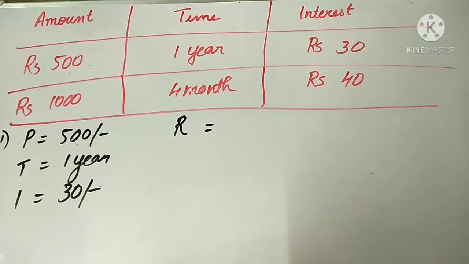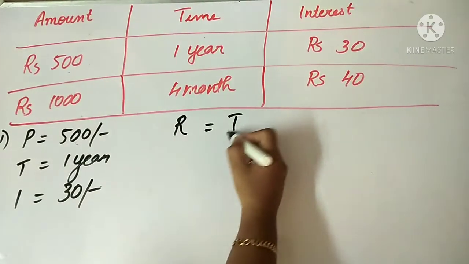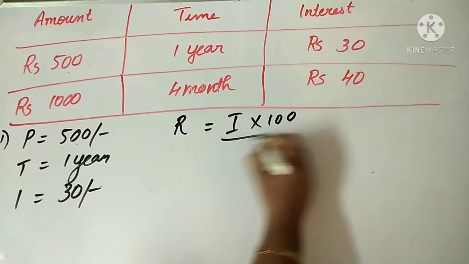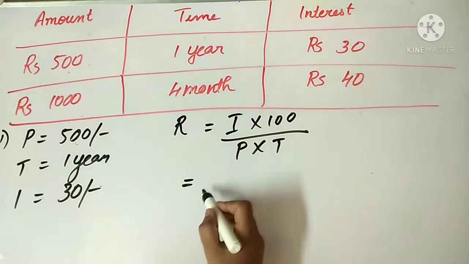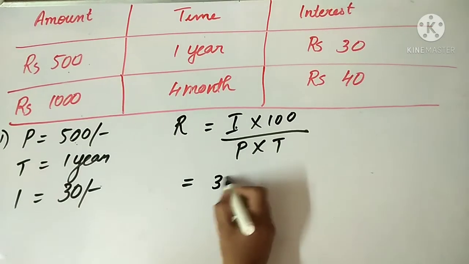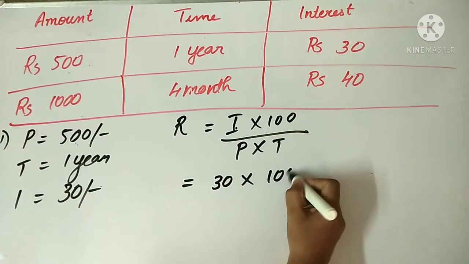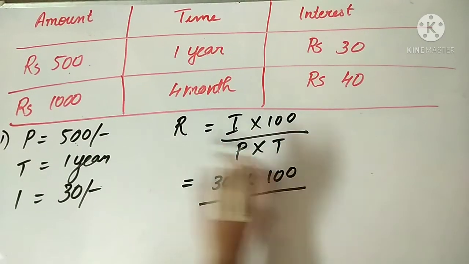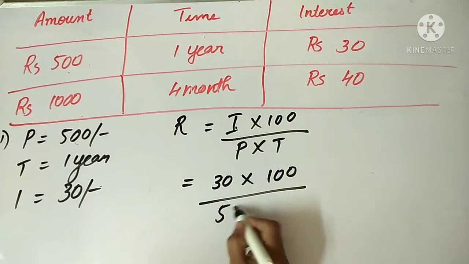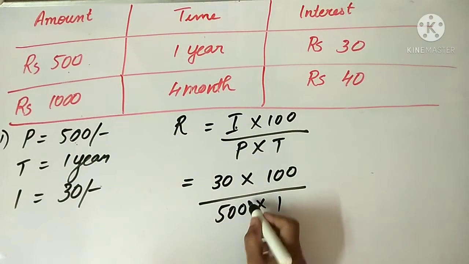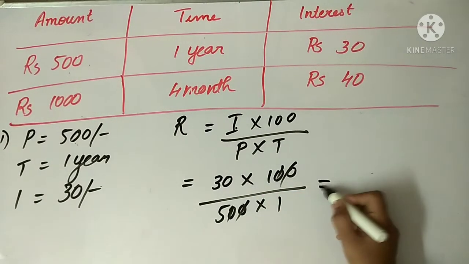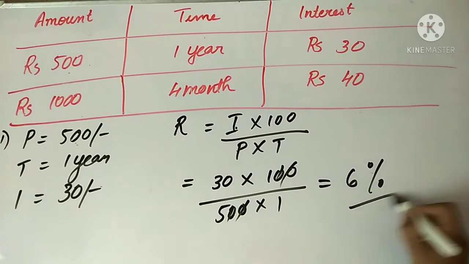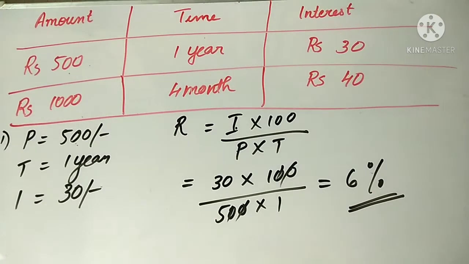To find the rate of interest, we use the formula interest into 100 by P into T. Now substitute the values. Interest is 30 into 100 by P into T, 500 into 1. These zeros get cancelled. Balance 30 by 5 is equal to 6%. So the rate of interest is 6%.